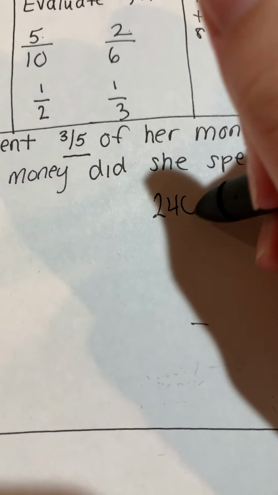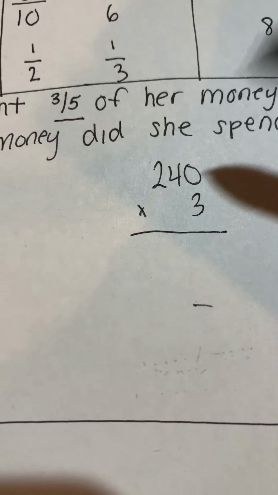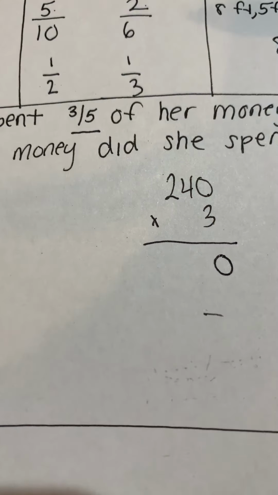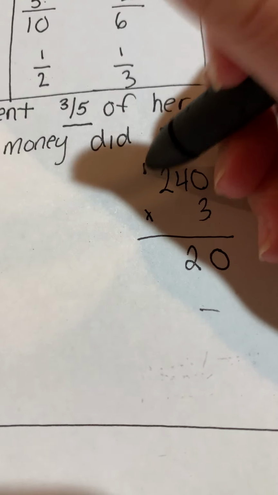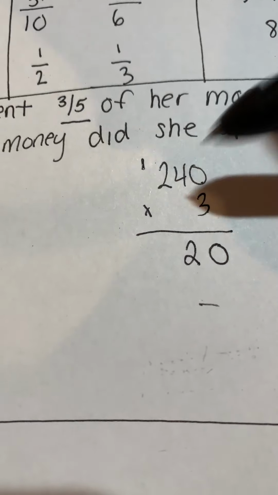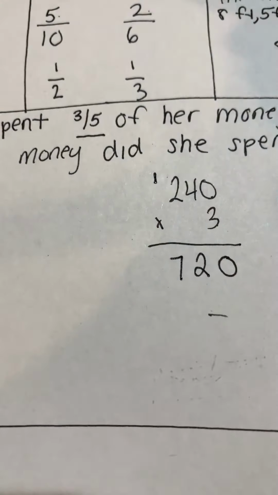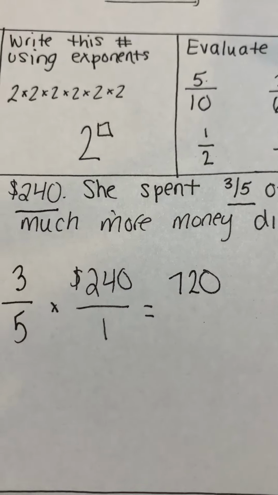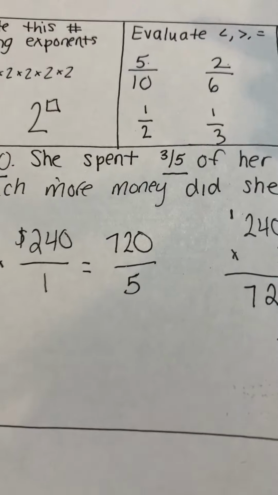I'm going to do that over to the side. 3 times 0 equals 0. 3 times 4 equals 12. The 2 comes down and the 1 comes up. 3 times 2 equals 6. Plus 1 equals 7. So we have 720 over 5 times 1 equals 5.